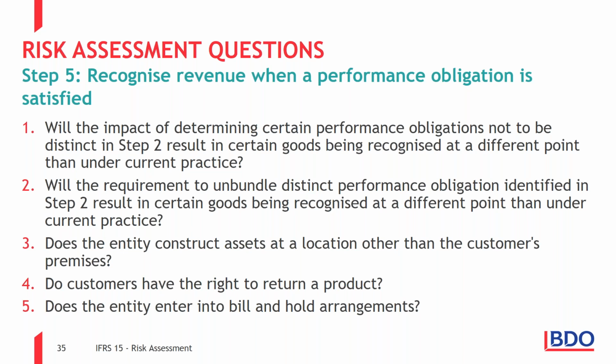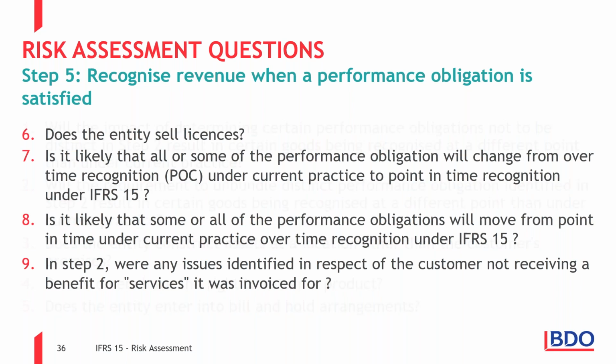At this stage, if I move on to the next slide, does the entity sell licenses? Again, licenses have a big impact on step 2 and step 5. So if you sell licenses, you'll have to genuinely, seriously consider steps 2 and 5.